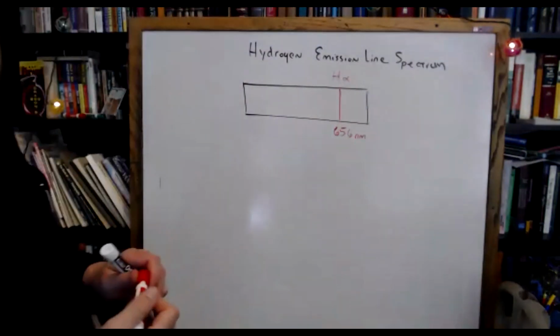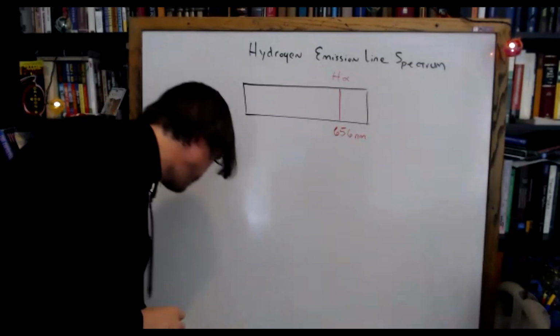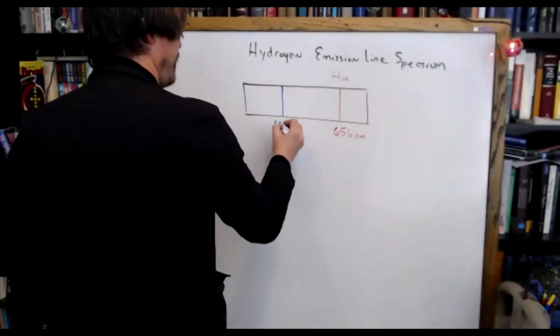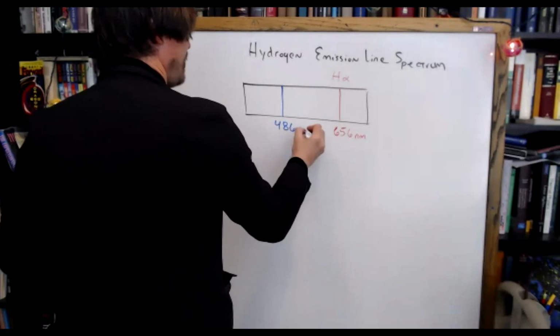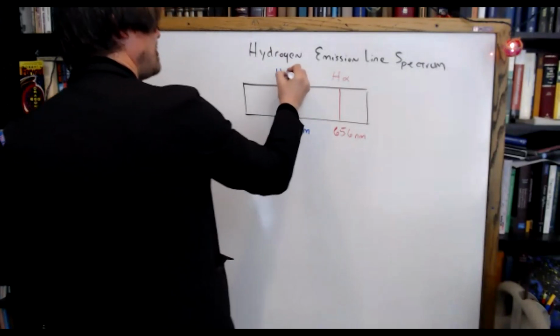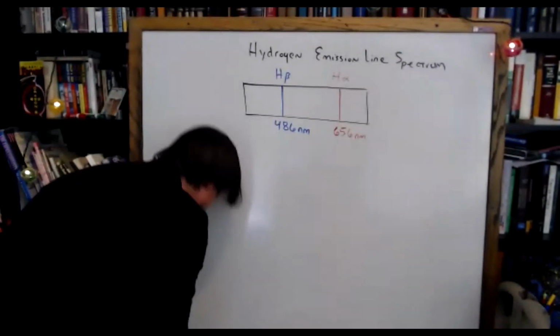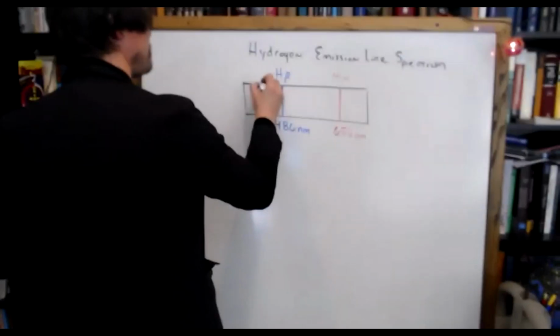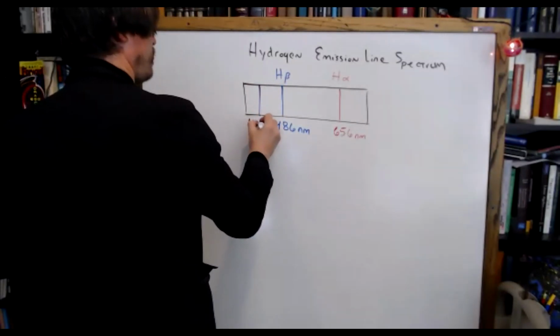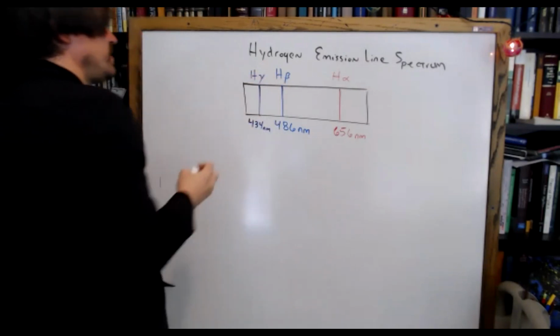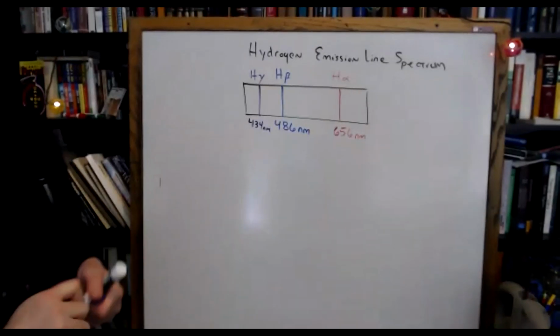Sometimes astronomers refer to it as hydrogen alpha. A blue line at 486 nanometers, that's known as hydrogen beta. And a purple line at 434 nanometers, that's called hydrogen gamma.